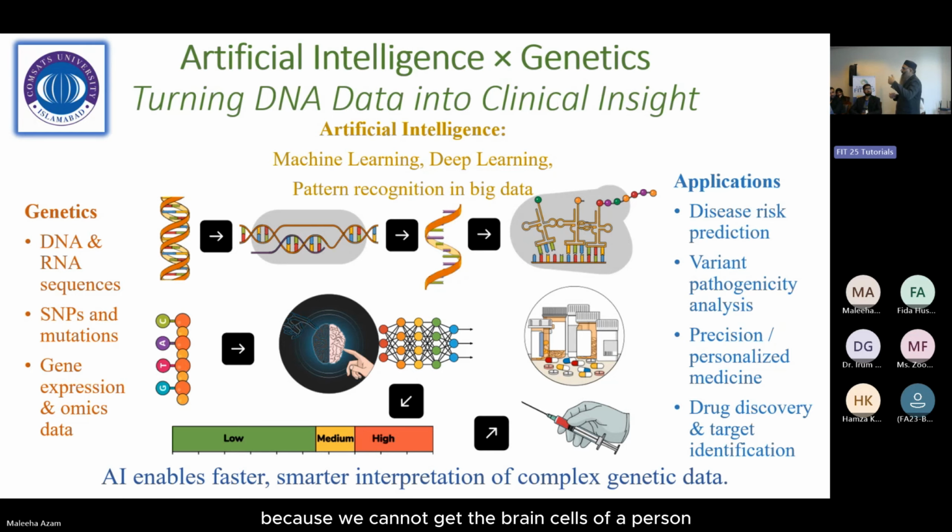We cannot get the brain cells of a person, that is not ethically correct. So stem cells are engineered to have the normal copy of the gene, and then we can check the effect of that engineering. Either those cells are working properly or they are not.